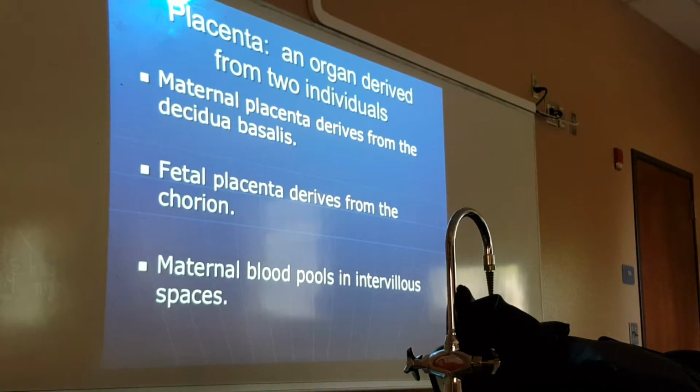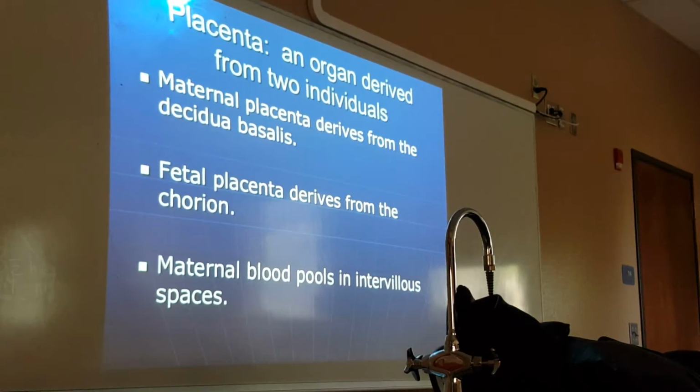Okay. And the fetal placenta derives from the chorion, more specifically the chorionic villi. Okay, and maternal blood pools in intervillous spaces. What does intervillous mean? It means between the fingers.